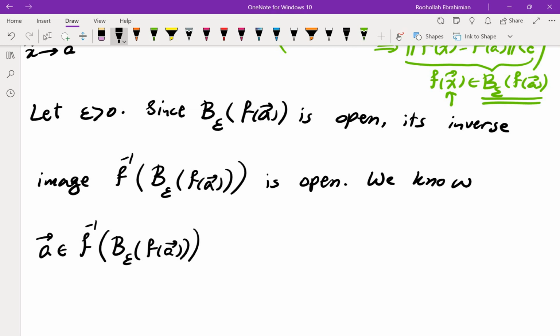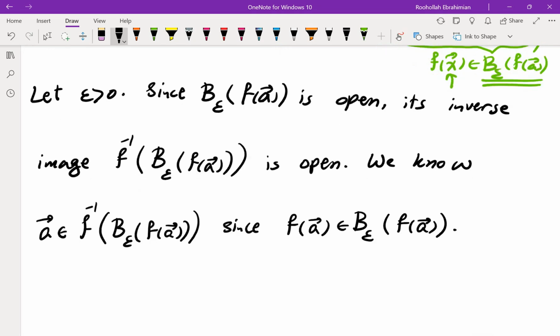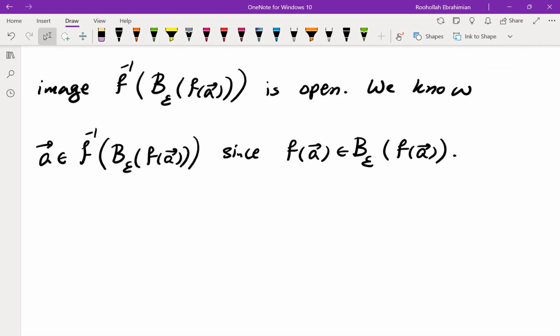How do we know that? We know that because f of A is in the ball of radius epsilon centered at f of A. Okay, so because of that and because of the fact that it's open, by definition of open sets, there is a ball around A that is contained inside this inverse image.